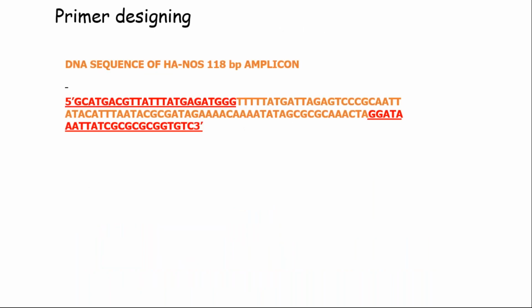So you design the primers. We generally design a forward primer and a reverse primer based on the sequence that we want to identify. Generally the primers are very short sequences of about 16 to 18 base pairs, which will match directly. There is a direct base pairing with the original DNA.